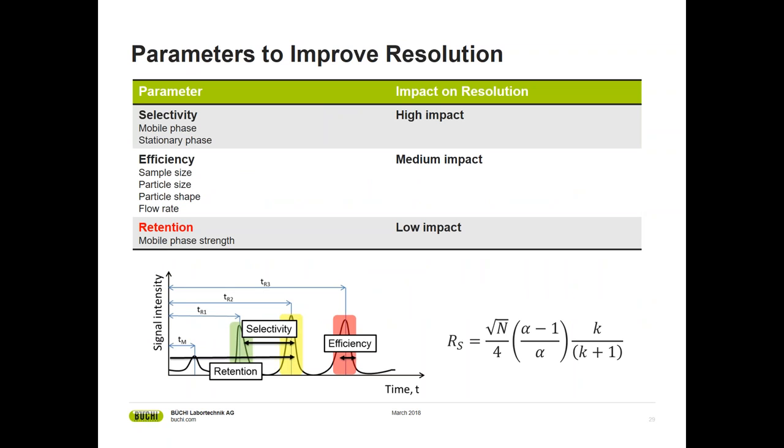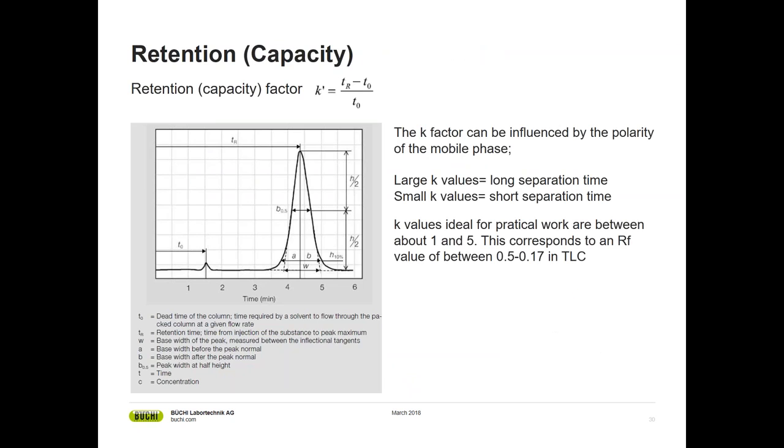Now we come to the last point, the last parameter which has an impact on resolution, and this is retention, which actually has the lowest impact. The retention factor has an effect on the time the target compound interacts with the stationary phase, and it can be influenced by the polarity of the mobile phase.